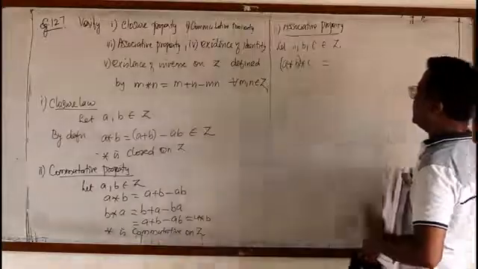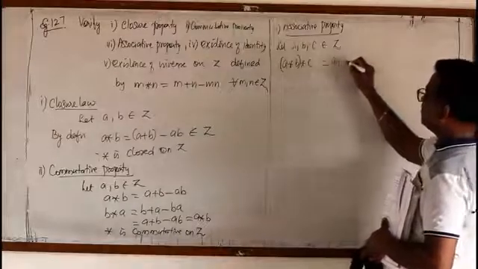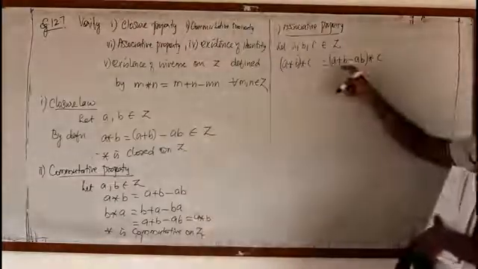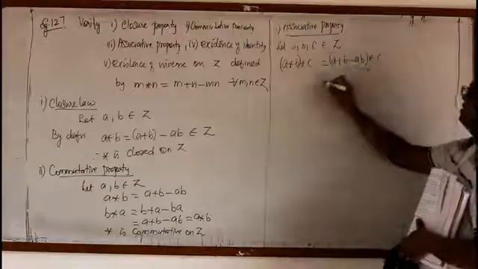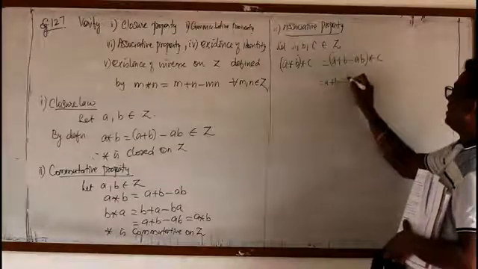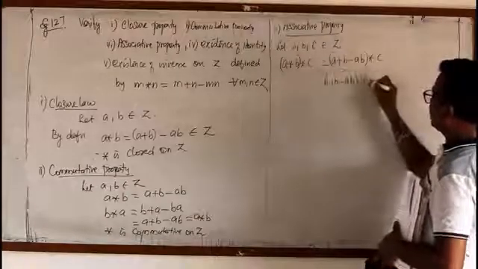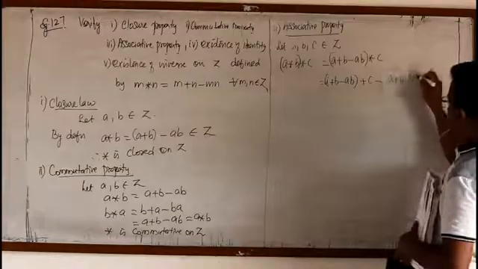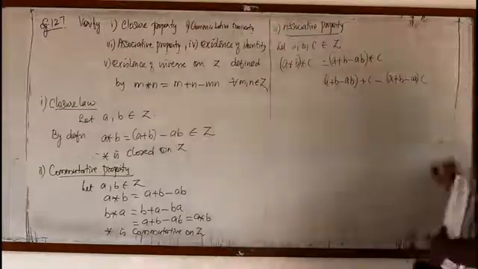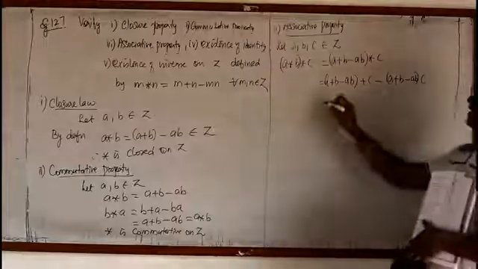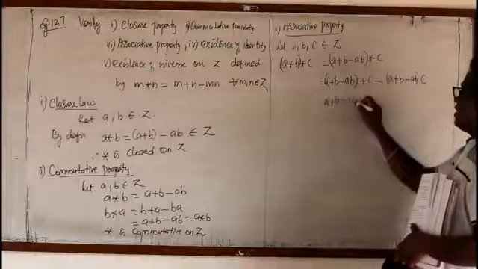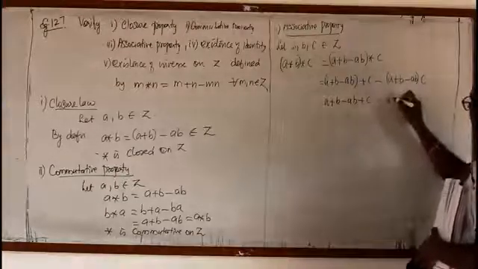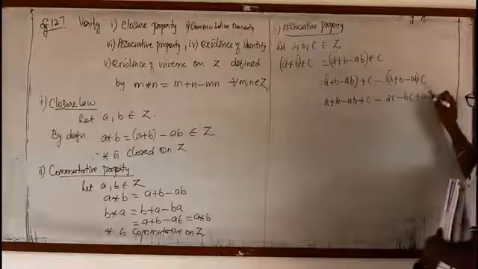If I take the first two elements, then as per star, A plus B minus AB, star C. I must add these two elements, that is bracket with C. That is A plus B minus AB plus C minus, I must multiply these two elements, that is A plus B minus AB, into C. Now remove this bracket: it is A plus B minus AB plus C, while multiplying with minus C, minus AC, minus BC plus ABC.